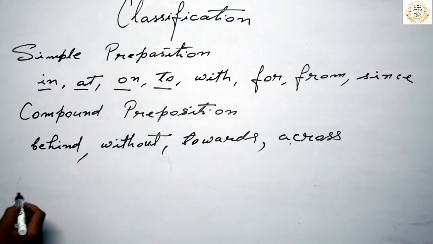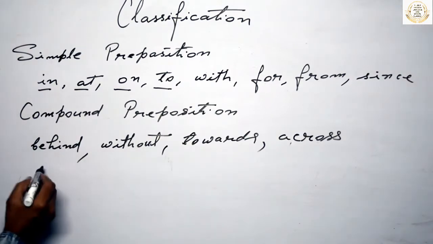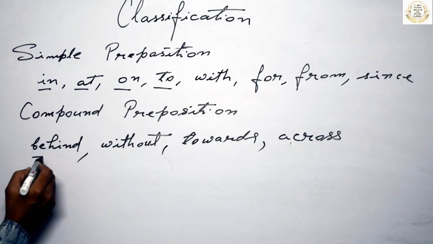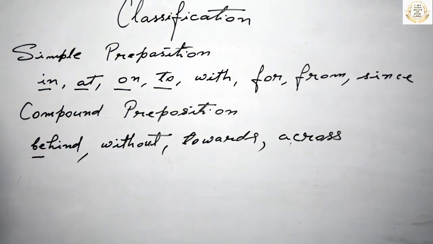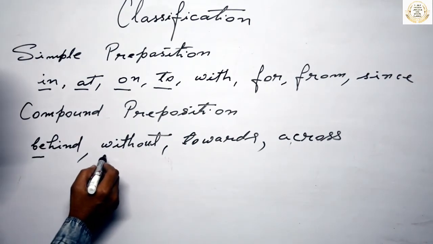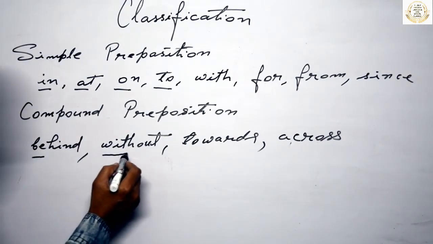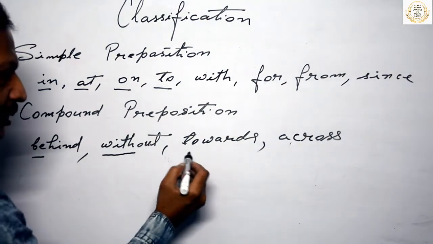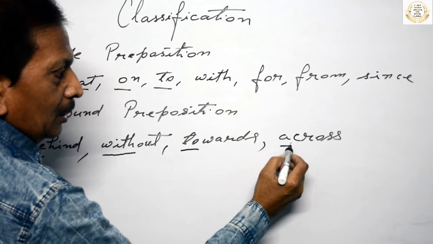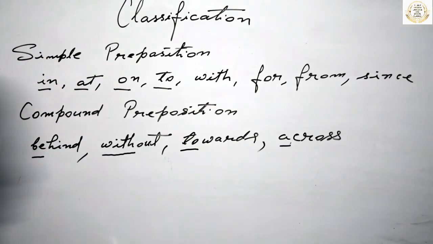So what do you think here? These prepositions have something as a prefix with them. A prefix is a letter or two or three letters that is added in the beginning of a word and the meaning is changed. Here, the letter A is added as a prefix.